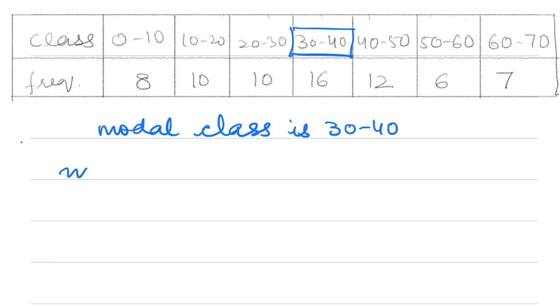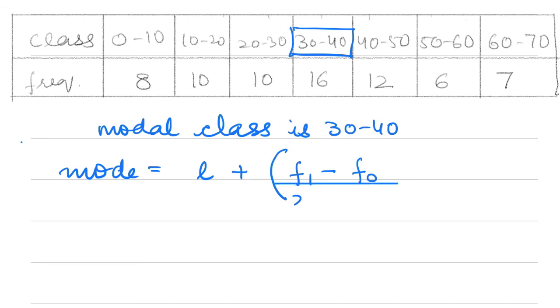Now let's write down the formula for mode: lower limit of the modal class plus frequency of the modal class minus frequency of the class before the modal class, divided by twice the frequency of the modal class minus the frequency of the class before and the class after the modal class, multiplied by the height.